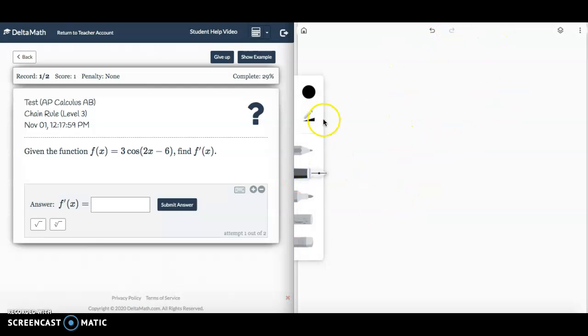Alright, for this one my outer function is 3 cosine of stuff, so 3 cosine x. My inner function is 2x minus 6. So the derivative of the outside would be negative 3 sine of x, right? Derivative of cosine is negative sine, and the derivative of the inside would be 2.